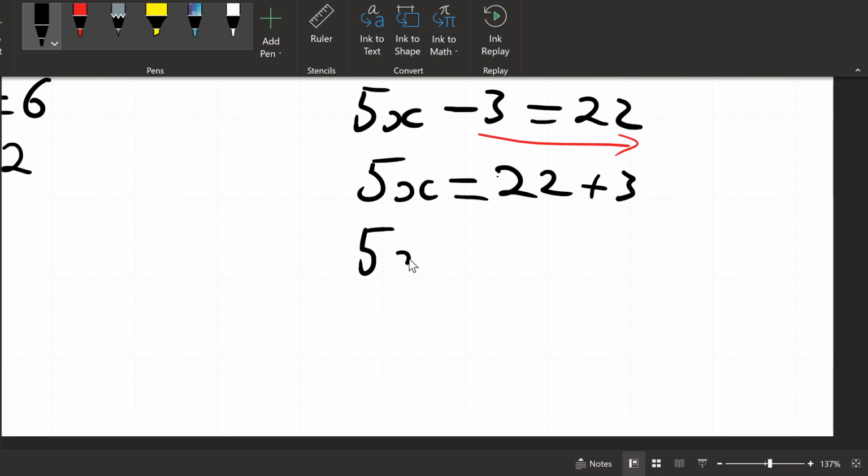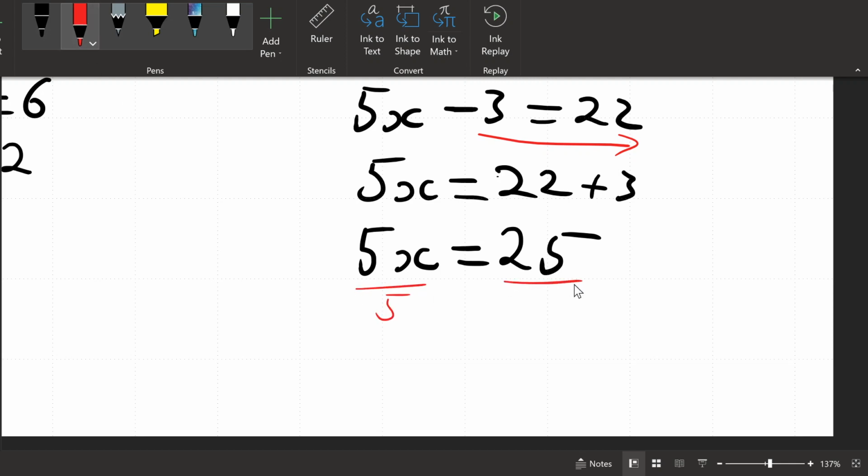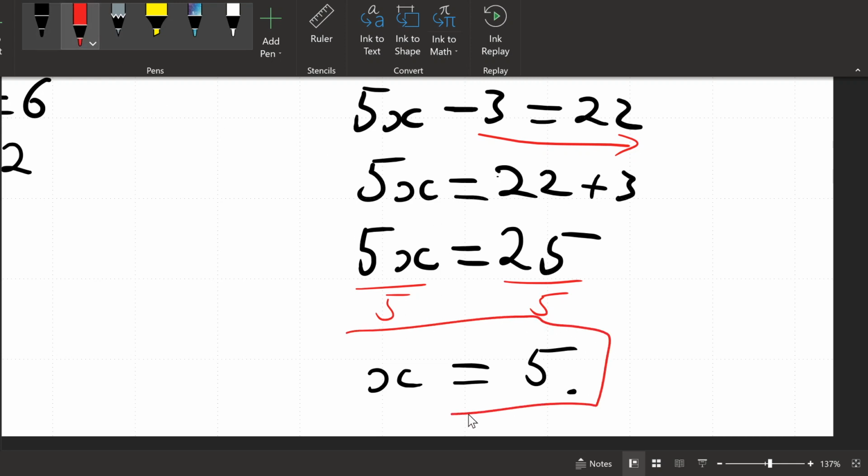So 5x equals 25. So we divide both sides by 5. 5x divided by 5, that's x. 25 divided by 5, that's 5. So we've got x equals 5.